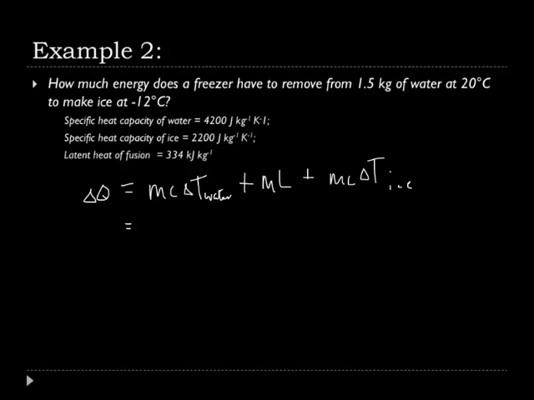And so what we have here is 1.5 kilograms. The specific heat capacity of water is 4,200 times the final temperature, which is 0 minus 20, because it started off at 20 degrees. And then we have to add to that the heat that we need to remove to turn the water into ice, which is 1.5 times the latent heat of fusion of ice, which is 334,000.